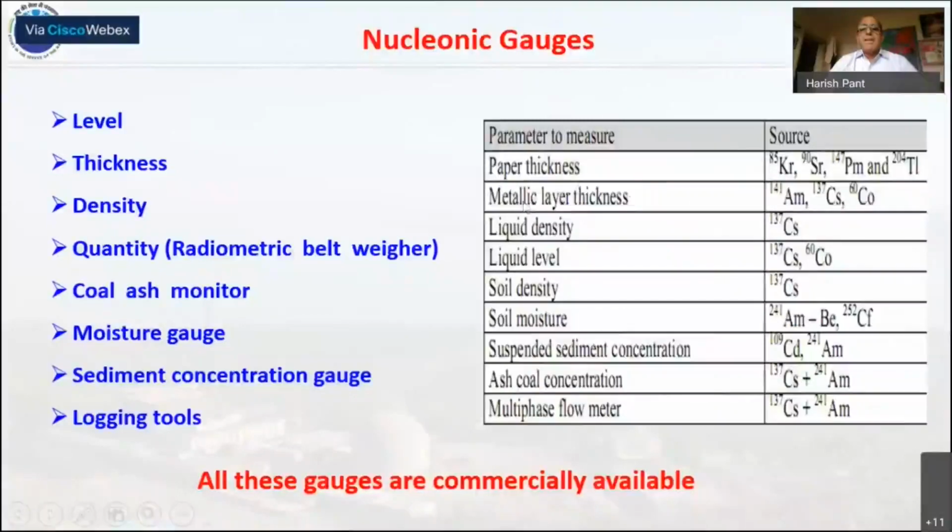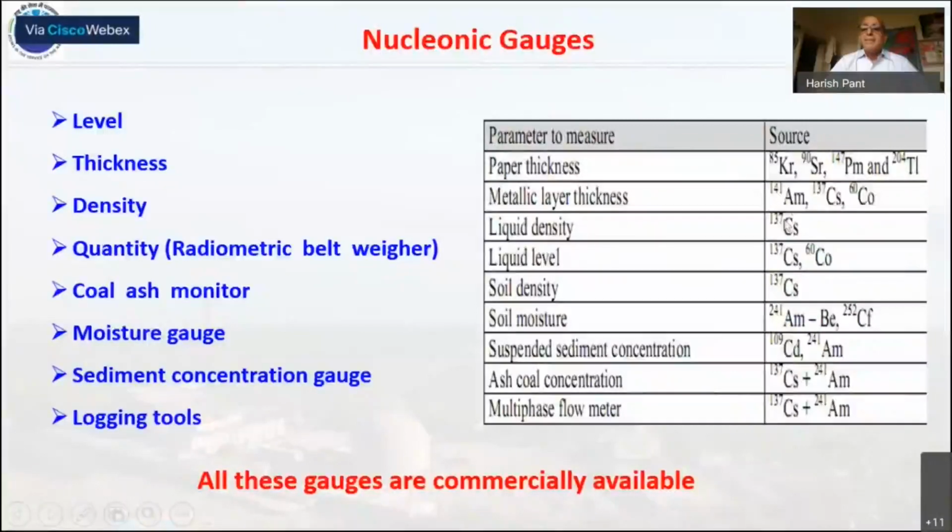In case of the metallic layer thickness, like measuring the thickness of aluminum foil or very thin metallic sheets, low gamma sources like americium 241, cesium 137, cobalt 60 are used for measurement of the thickness of the metallic sheets in the metal industry.